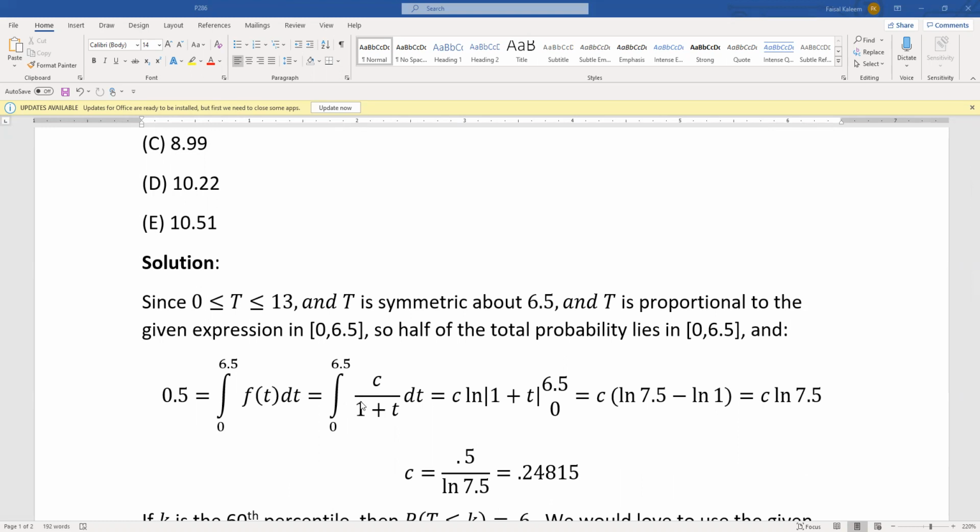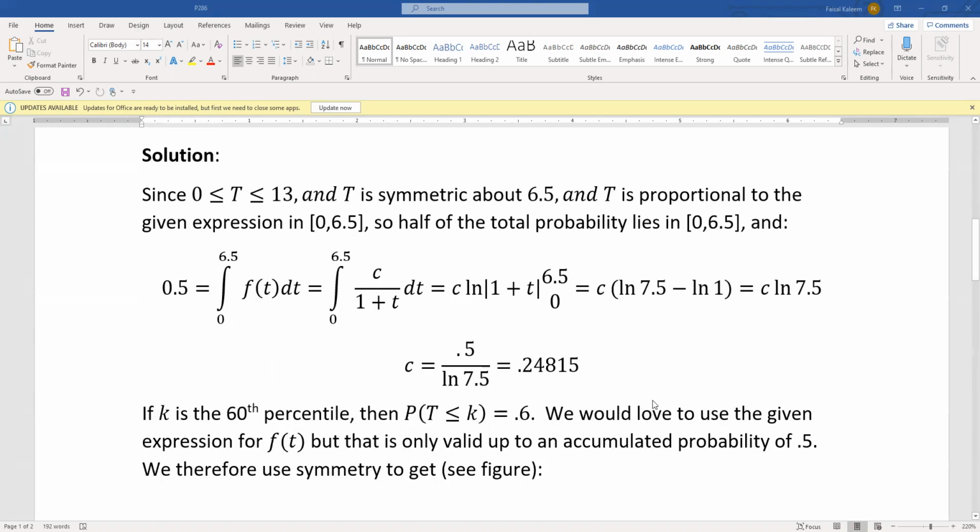When you integrate this, you get c ln(1 plus t) from 0 to 6.5, so c times ln 7.5 minus ln 1. ln 1 is 0. Dividing both sides by ln 7.5, with 0.5 on the left side, you get the constant as 0.24815.